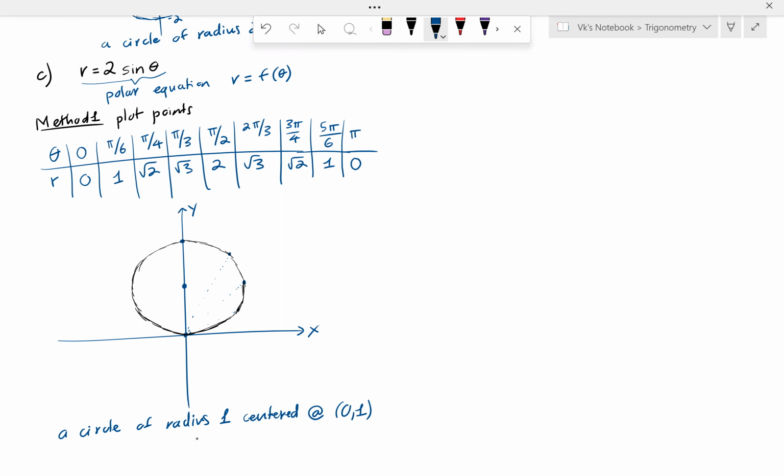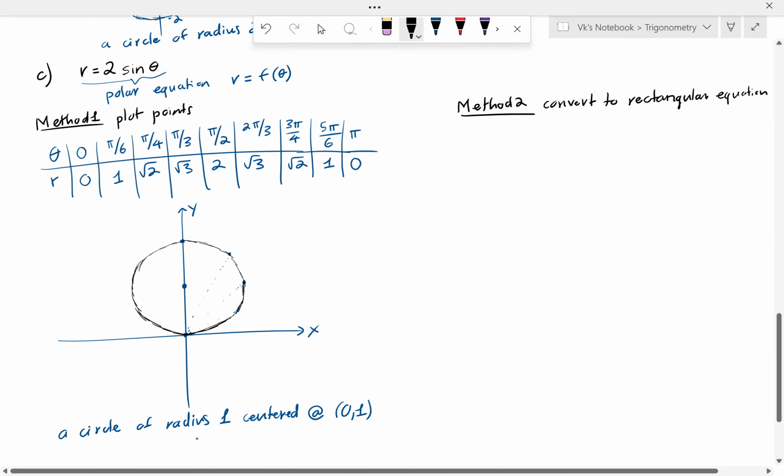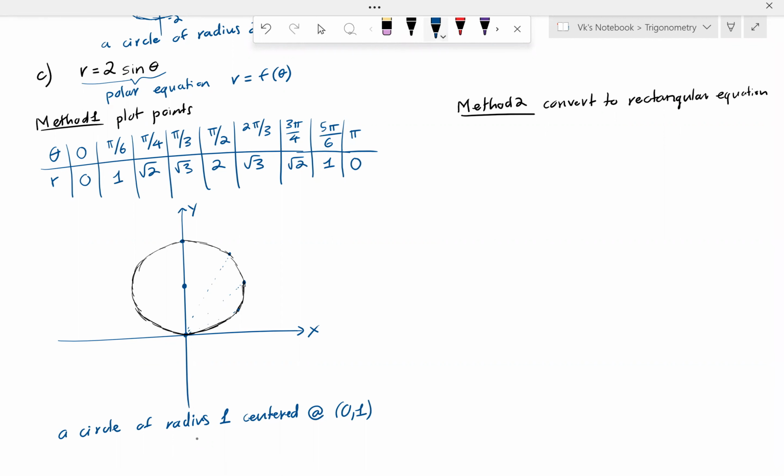Wow. There has to be another way to see this circle. Method 2. Convert to rectangular equation. Okay. r equals 2 sine theta.